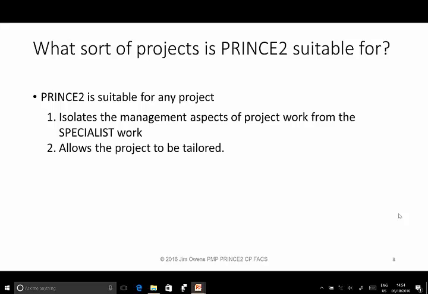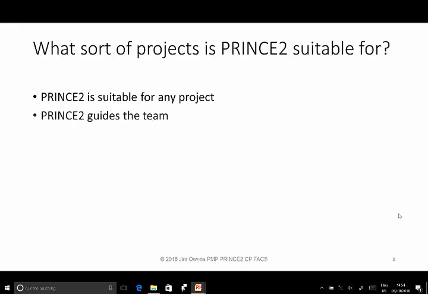And secondly, by tailoring the PRINCE2 project to suit the particular requirements, industry and environment. PRINCE2 guides the team through each step of the project management life cycle, so it removes the uncertainty of what to do next, who should do what and when, and it also guides the team when things do not go according to plan.